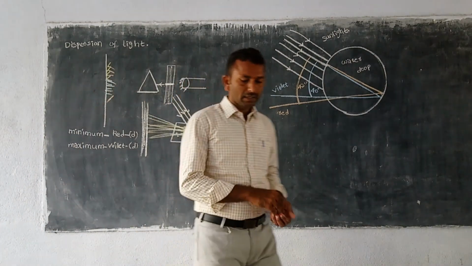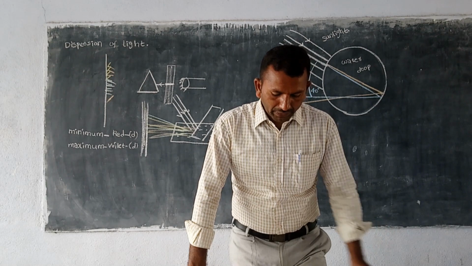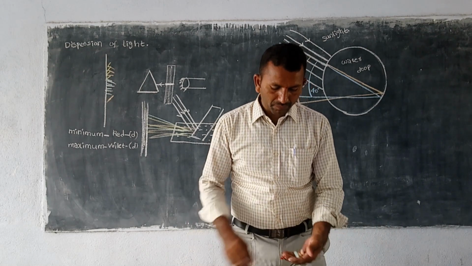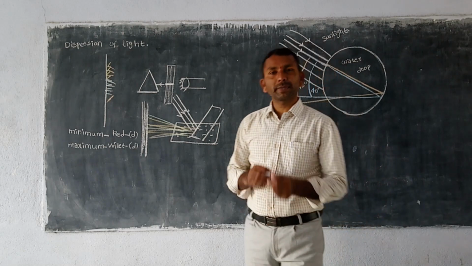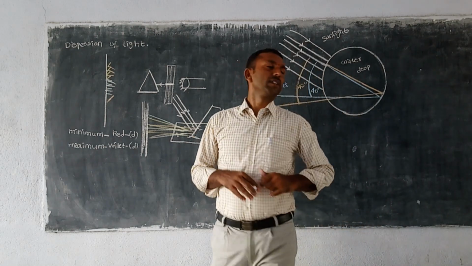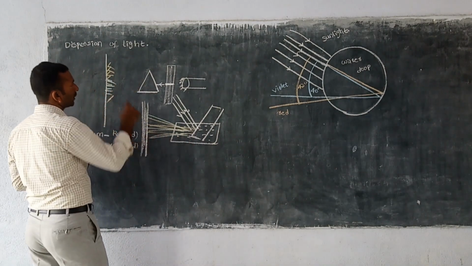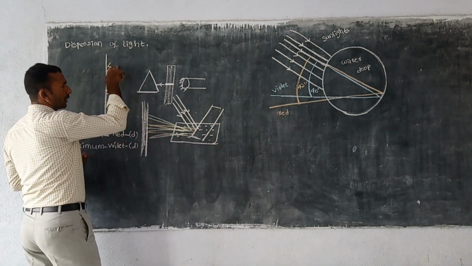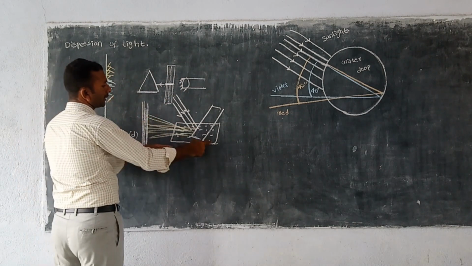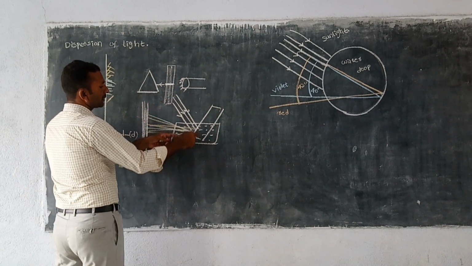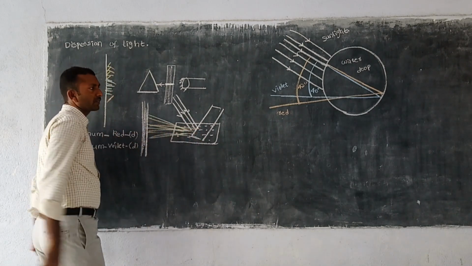We can see that the splitting of white light into different colors is called dispersion. What is the definition of dispersion? Disperse means separating. What is dispersing into different colors here? In this activity, white light converts into different colors, and here also the sunlight, after incident on the mirror surface, disperses into different colors.